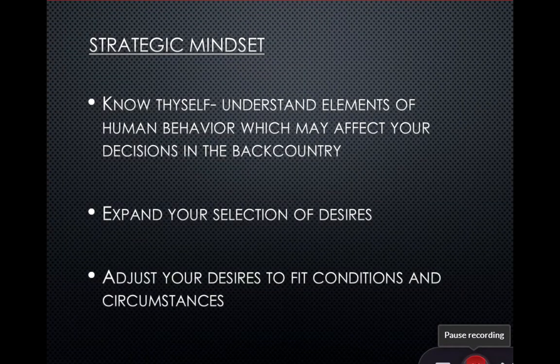If you know that you like to hurry, you're impatient, you might realize that about yourself. When you find yourself becoming impatient, you can curb that propensity by being aware of it. Another one is to expand your selection of desires.